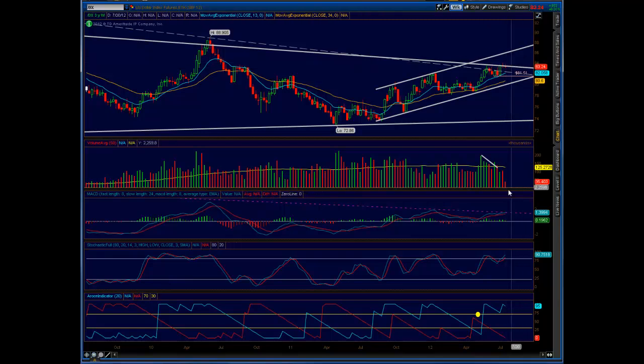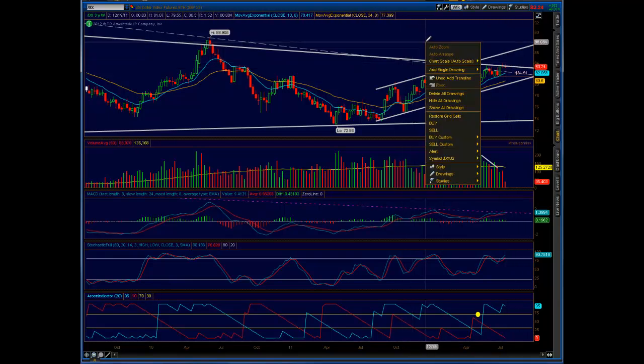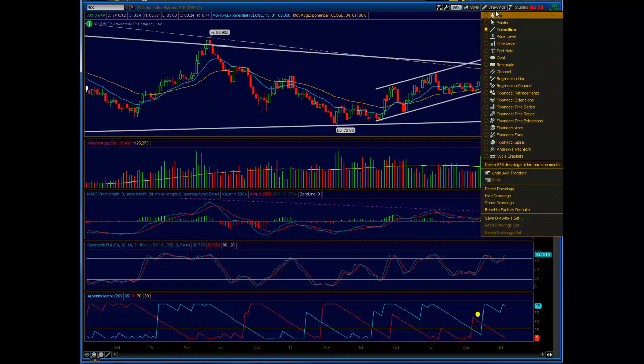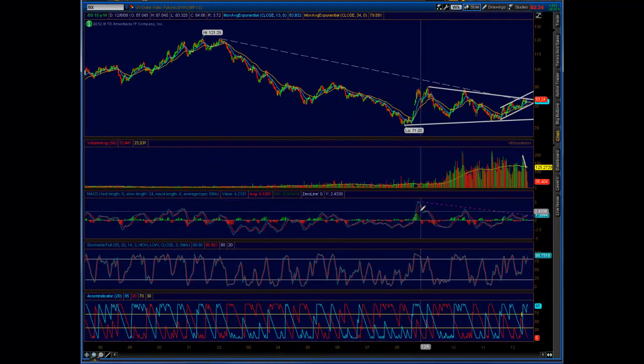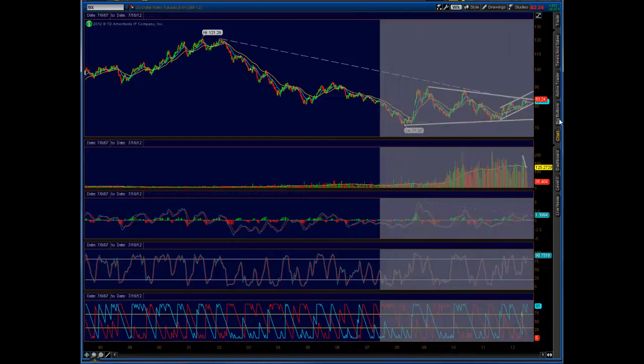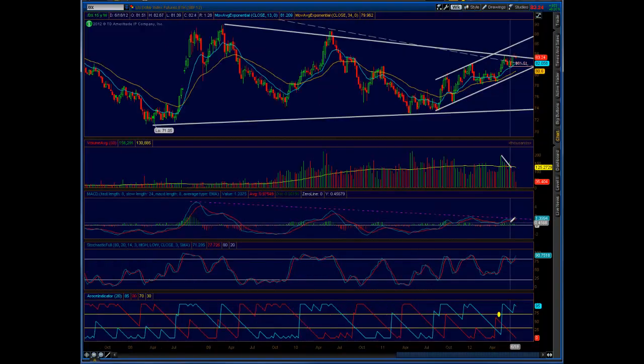And lastly, the last thing that I want to show is the MACD, the moving averages of the MACD. You can see that it still hasn't had a strong enough move of the moving averages, and that tells me that this is going to be resolving to higher prices.